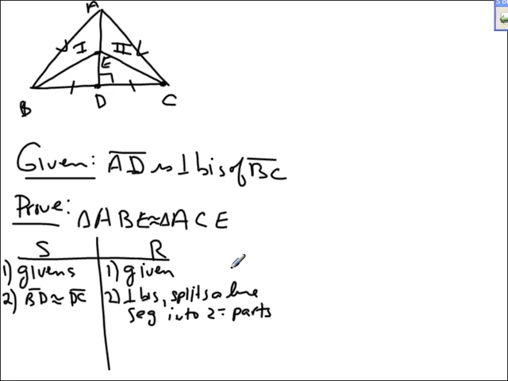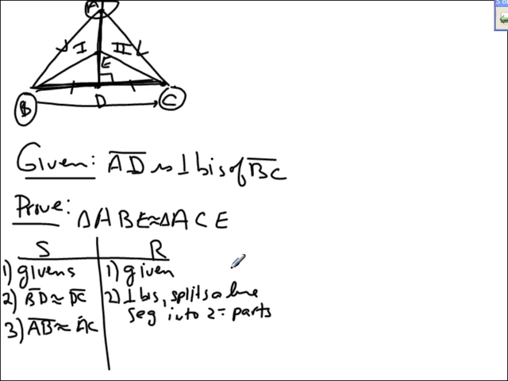Okay. Now, I claim that AB and AC are the same. Why? Because point A, I don't care if it's an endpoint or not, point A is on the perpendicular bisector of this bottom line. This here is a perpendicular bisector. Point A is on it. Therefore, A is equidistant from the endpoints. AB is congruent to AC.